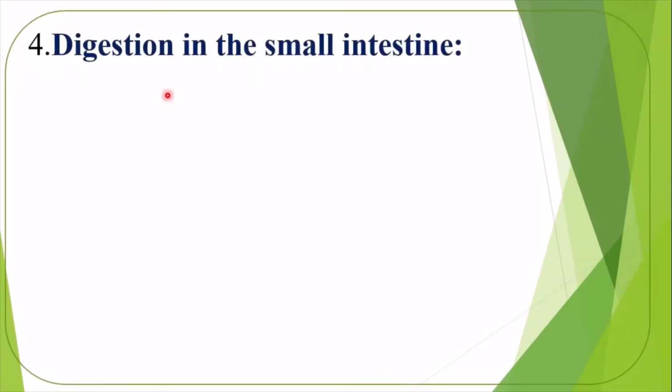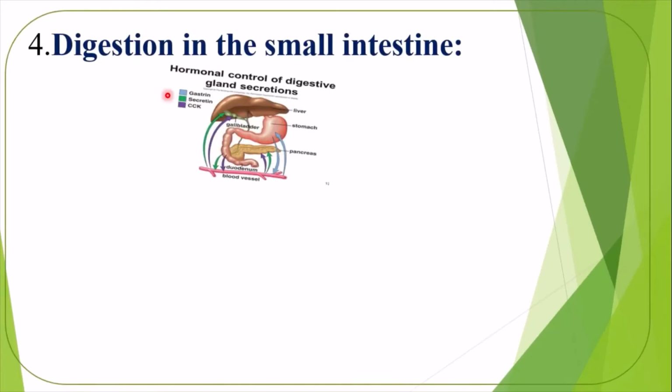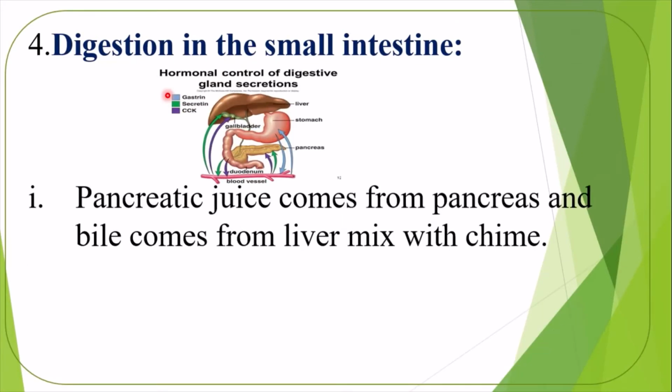Digestion in small intestine. Follow the figure very attentively. Pancreatic juice comes from the pancreas and bile comes from the liver with chyme.